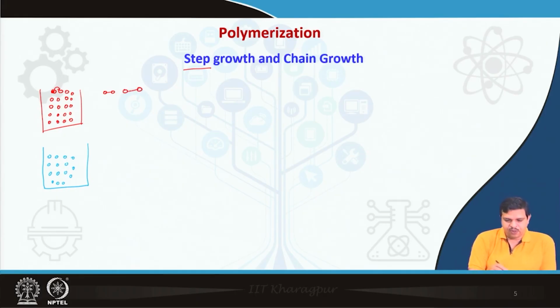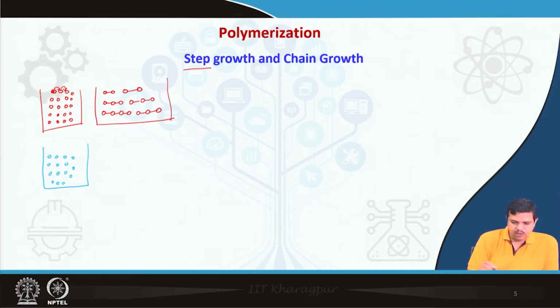There may be a lot of dimers, and they can also react with other monomers, so there will be trimer formation. Similarly, there may be tetramer formation. So, there you will see that there are possibilities of dimer, trimer, tetramer, like that.